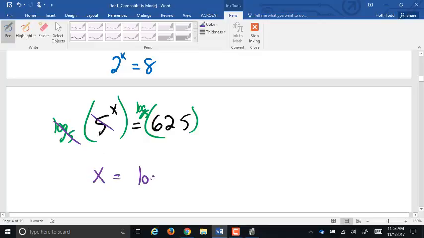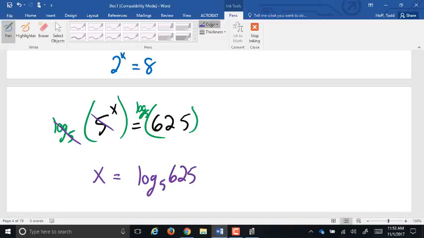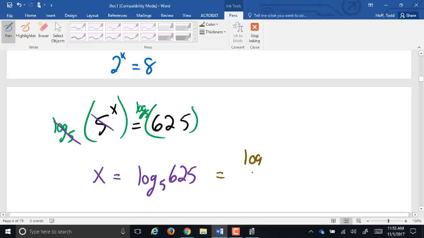Log base 5 of 625 is going to be found by doing log of, what number is going to go on top here? The 625, exactly.